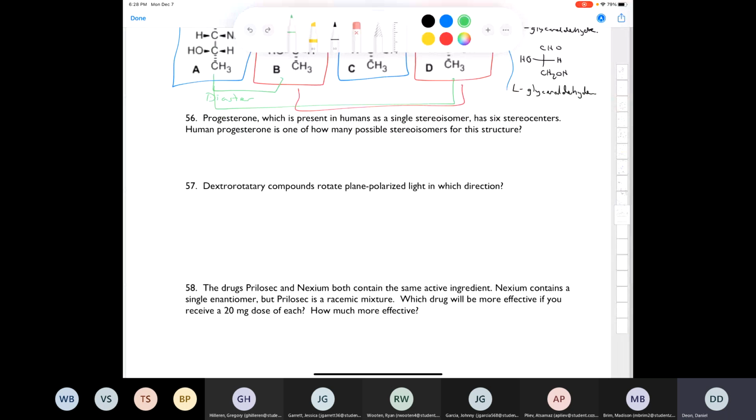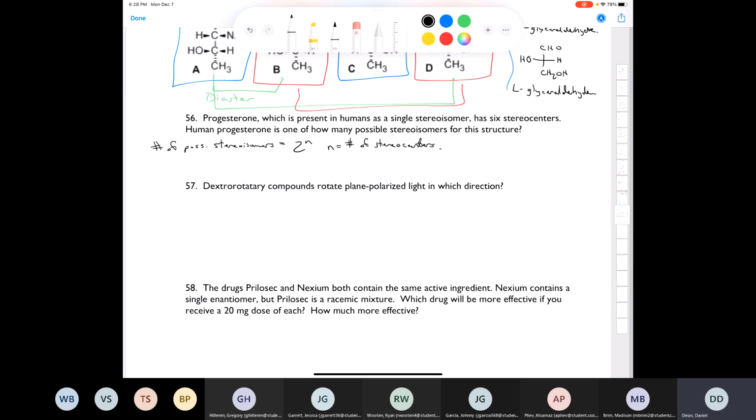Number 56, progesterone, which is present in humans as a single stereoisomer, has 6 stereocenters. Human progesterone has how many possible stereoisomers? The answer is this. The number of possible stereoisomers is equal to 2 to the power of n, where n is equal to the number of stereocenters.